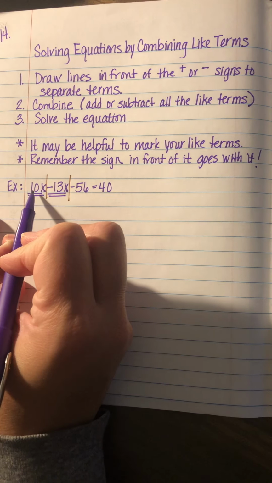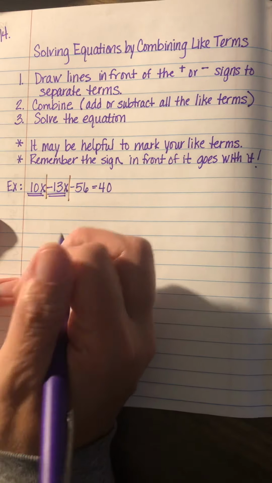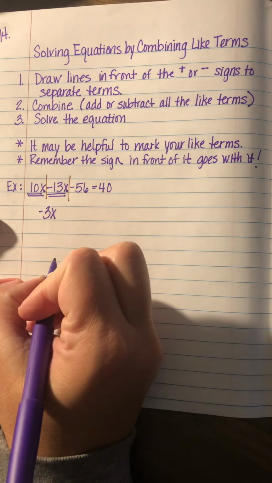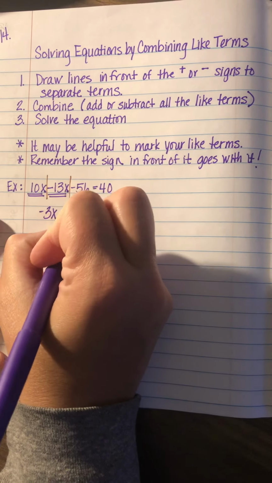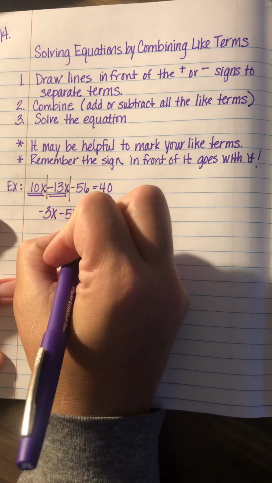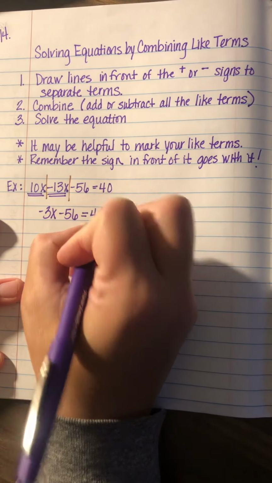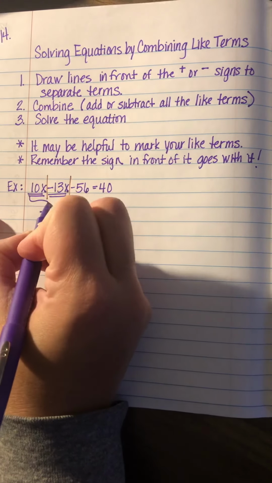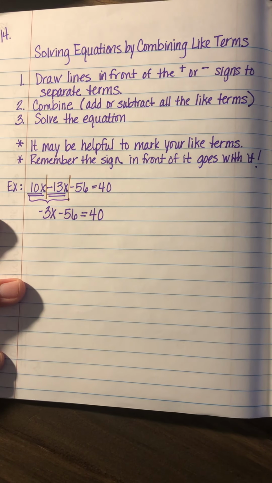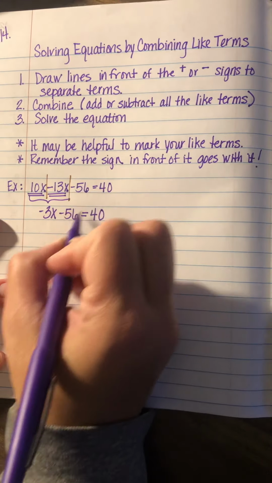So we subtract 10 minus 13. 10 minus 13 is negative 3x. We keep that negative 56 or the minus 56 and bring it down, and that equals 40. So all I did was combine these two like terms and simplify it to that negative 3x. Everything else just copied.